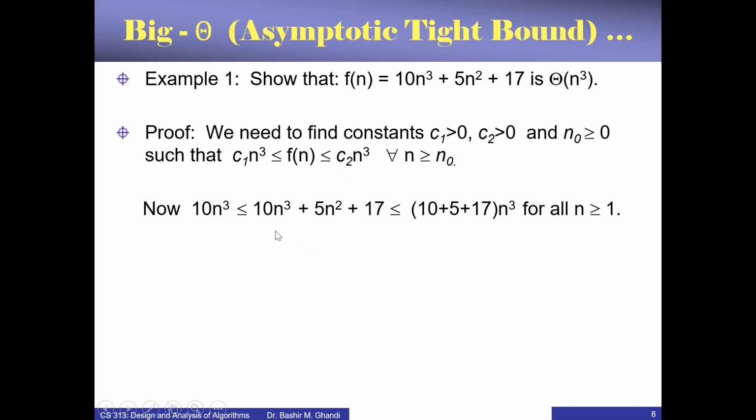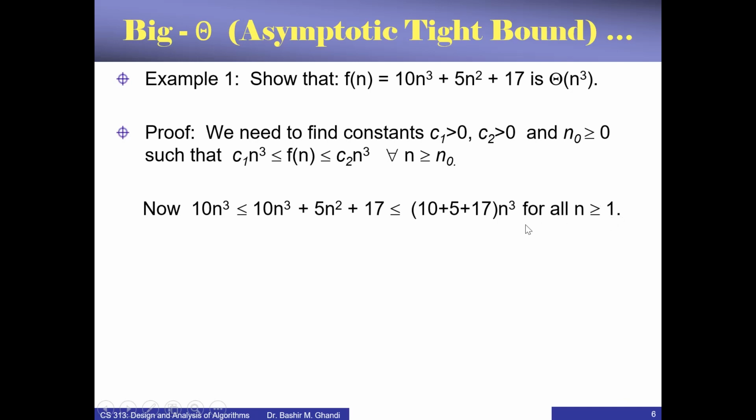So what we are saying here is our function 10n cubed plus 5n squared plus 17 definitely will be less than if we upgrade 5n squared to be 5n cubed as well, and 17 to also be 17n cubed. If you do that, then you can factor out the n cubed, and you will have 10 plus 5 plus 17, which is going to be 32. And this obviously will be true for all n greater or equal to 1.